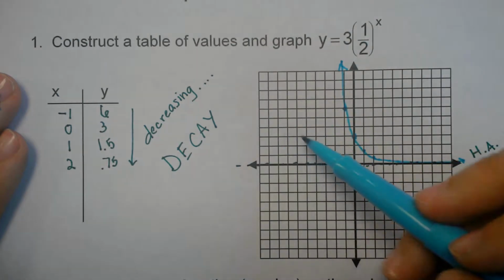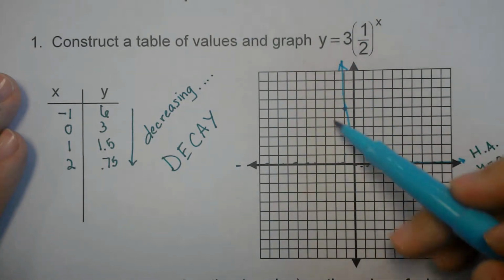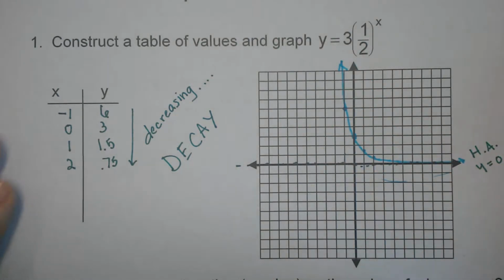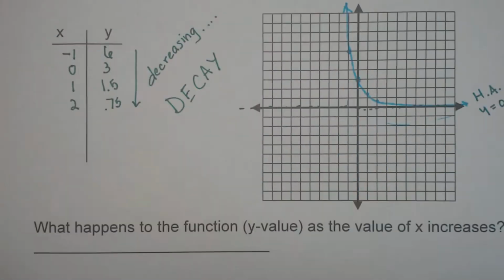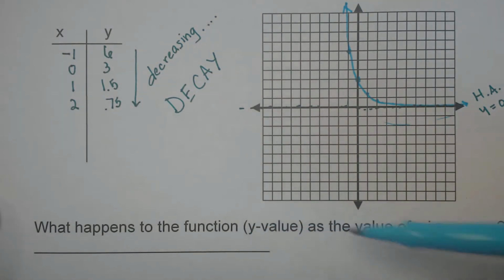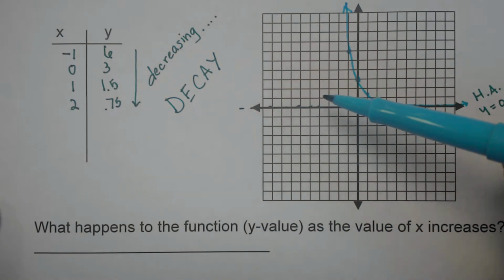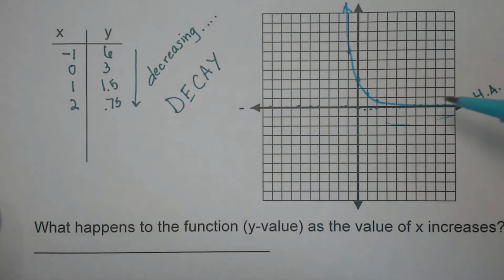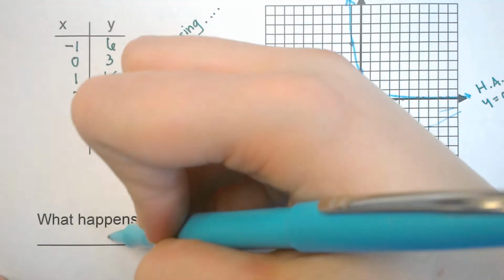And so from left to right, it's going down. And so it's saying, what happens to the function, the y value, as the value of x increases? So as x increases, you move left to right, the y values are decreasing.